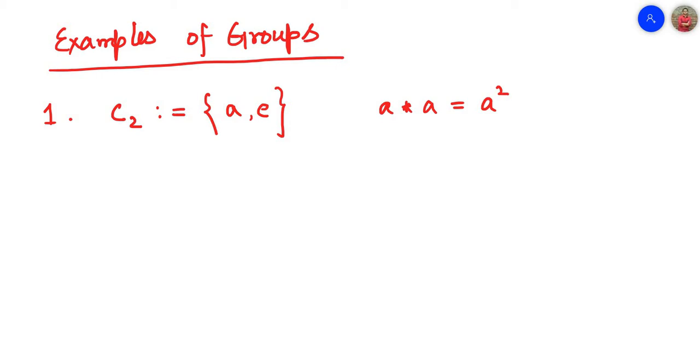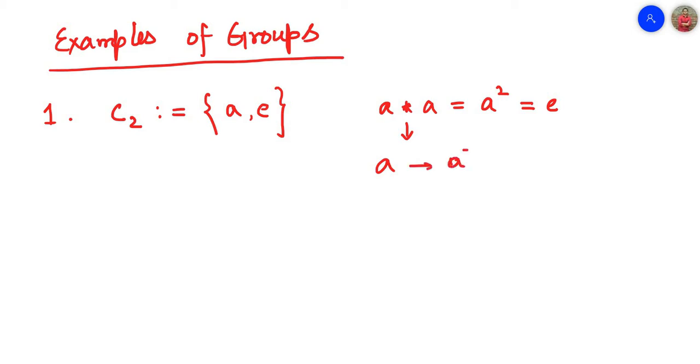That just means this is analogous to the multiplication operation, and this should give us E, the identity. Notice that A is its own inverse.